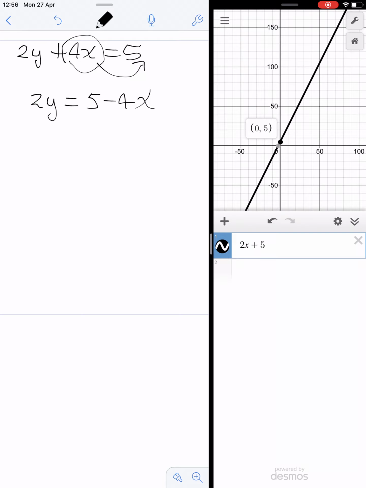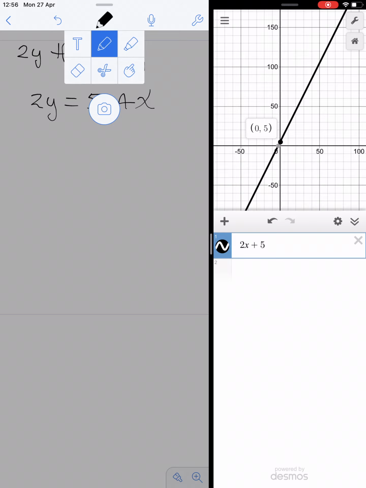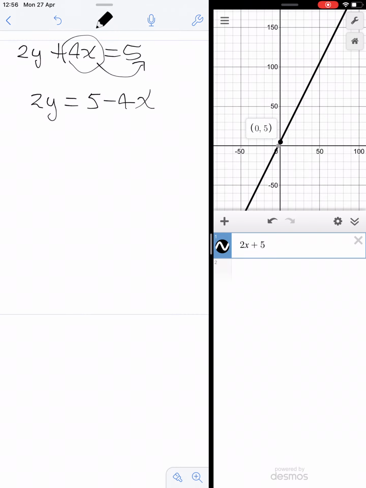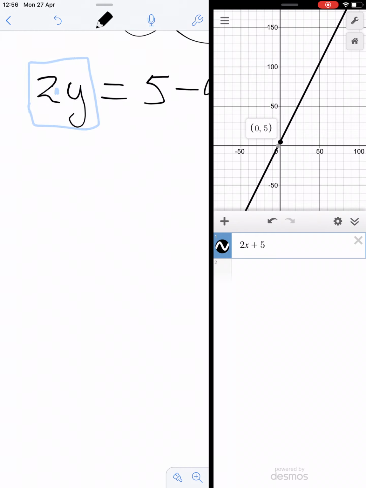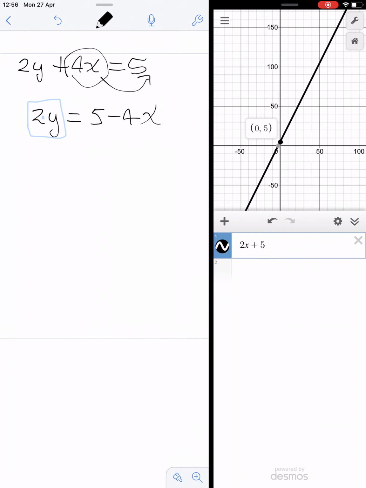Then finally we will find that this y is multiplying the number 2. Therefore, the 2 needs to pass to the other side to divide.